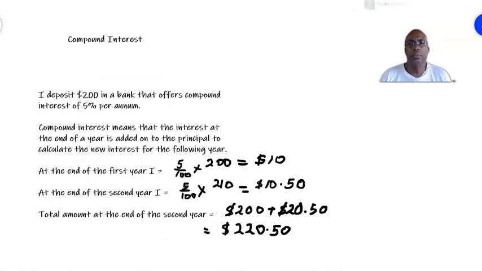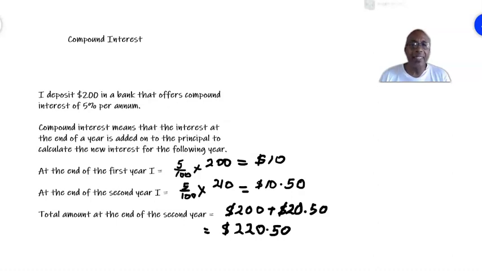Let us go now to compound interest. And again, to explain it, we'll use an example using the same figures I used in the first example for simple interest. If I deposit $200 in a bank that offers compound interest of 5% per annum, what does that mean?